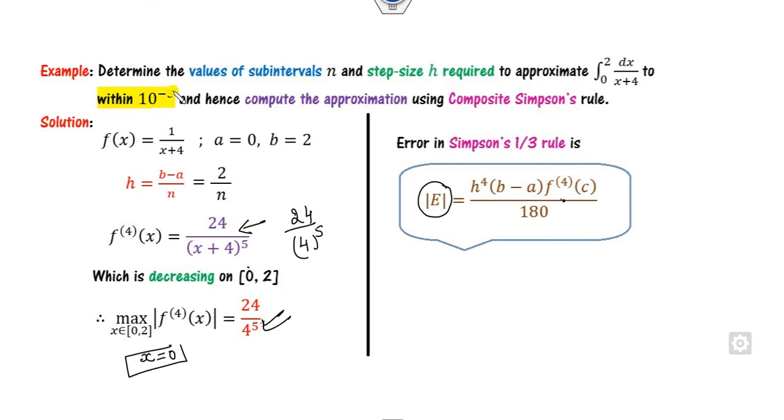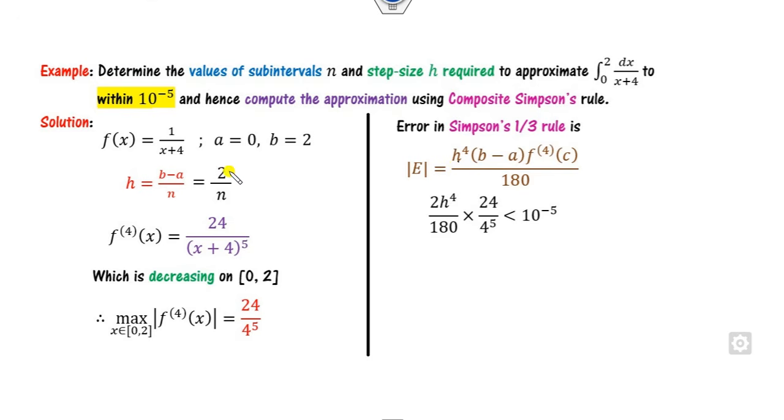What is the value of the error within? So this value is less than 10 raised to power minus 5. H is 2 over n, so it's 2 raised to power 4. b minus a is 2, I can substitute the value of h, or I can find the value of the h from here.